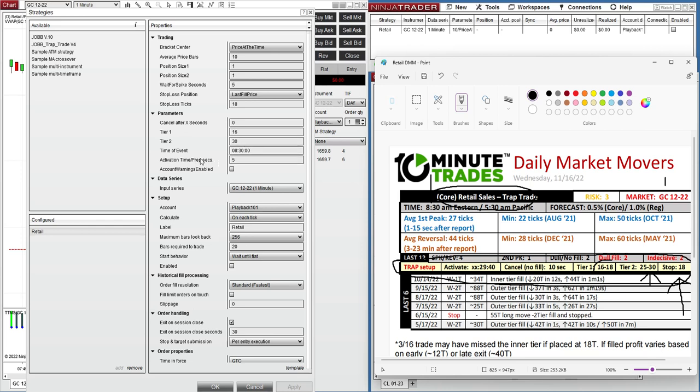And then what time are we going to activate our orders? Right under time of event, I'm going to look at the activate. And if I read the time, it says 8:29:40. The trade's at 8:30. That's 20 seconds before the news comes out.